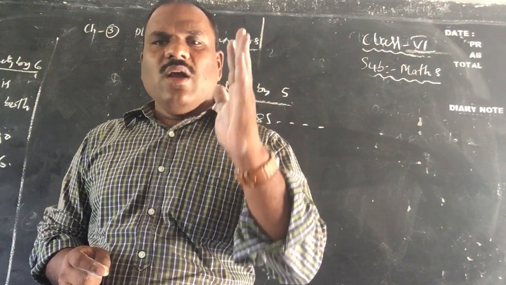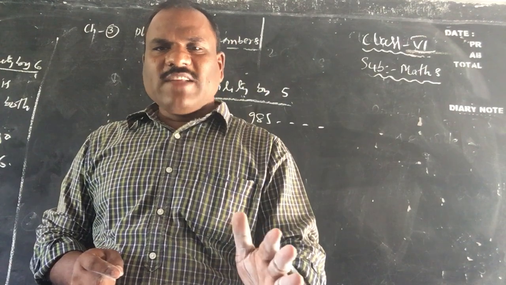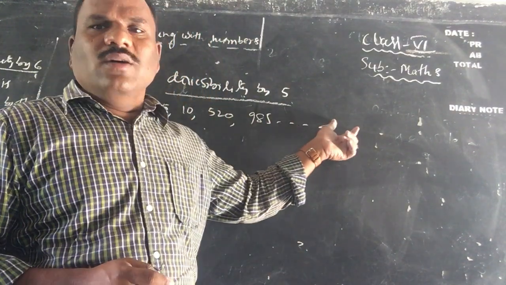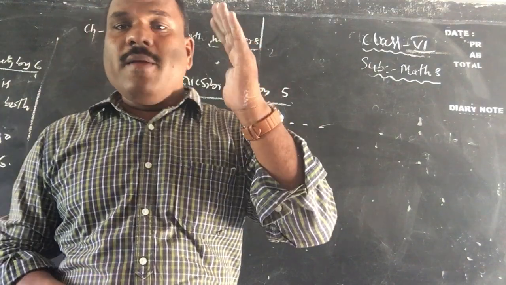For example, children, 5, 10, 520, 985, etc. These are all the numbers divisible by 5.